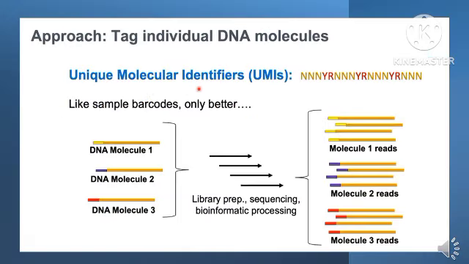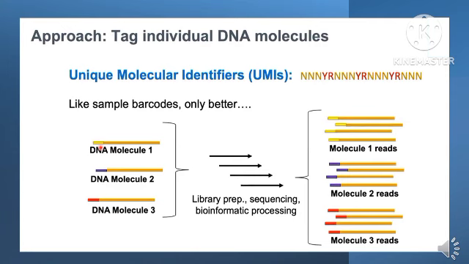Unique molecular identifiers will have a random sequence of bases. So if you have DNA molecules like this 1, 2, 3, you are using different UMIs.